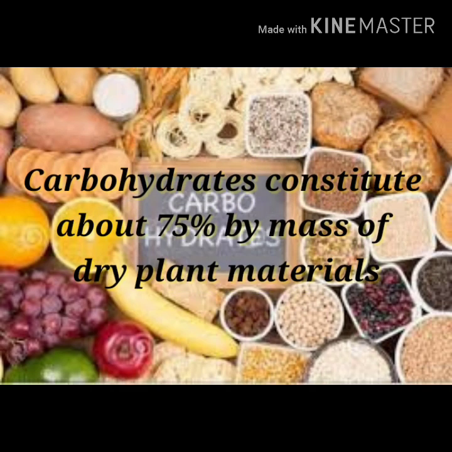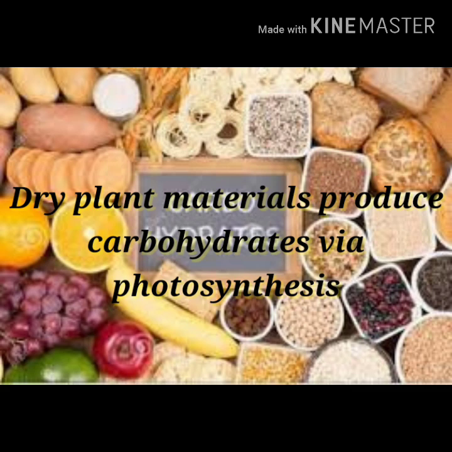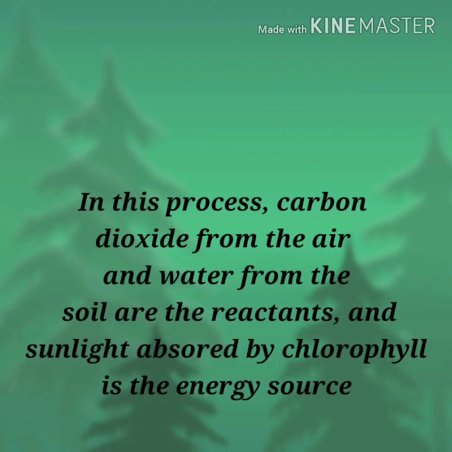Carbohydrates constitute about 75% by mass of dry plant materials. Plants produce carbohydrates via photosynthesis. In this process, carbon dioxide from the air and water from the soil are the reactants, and the sunlight absorbed by chlorophyll is the energy source.